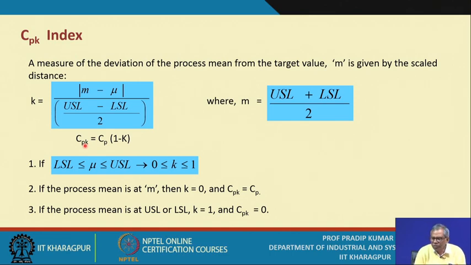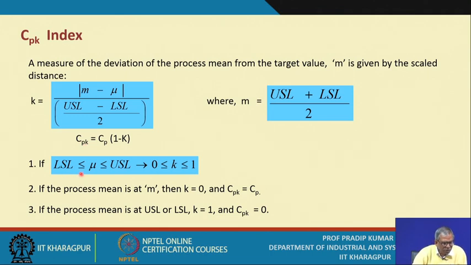Even if the process is absolutely all right from the design point of view, from its potential point of view, but you cannot control the process, ultimately the majority of the outputs or units you produce may be out of tolerance. So, that is why Cpk could be very less. Is it okay? So, there are such cases in fact.